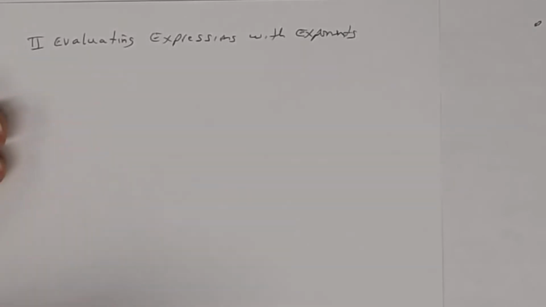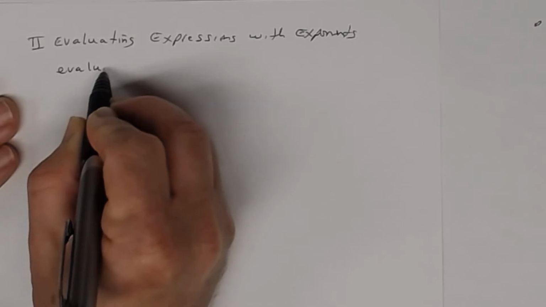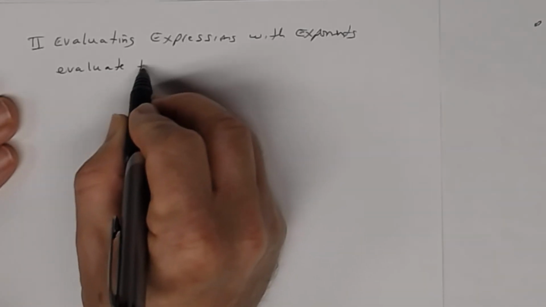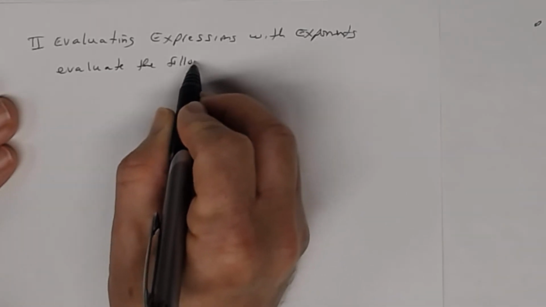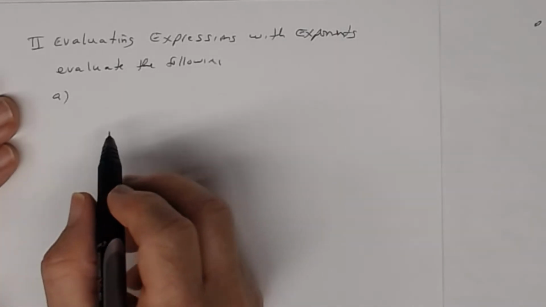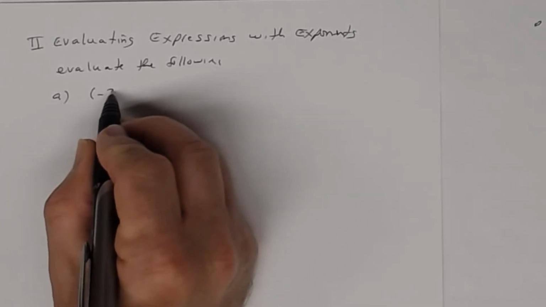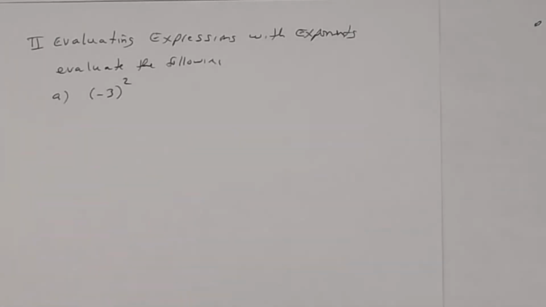All right, so listen to this carefully. Let's go ahead and evaluate the following. So I'm going to call this one letter A. So let's suppose in letter A I have negative 3 to the 2nd power. Okay, negative 3 to the 2nd power.